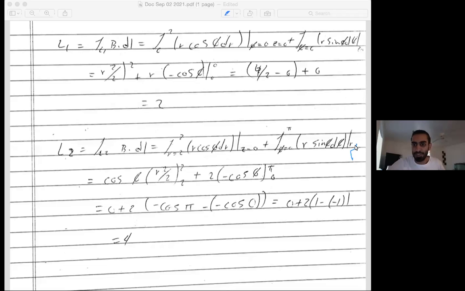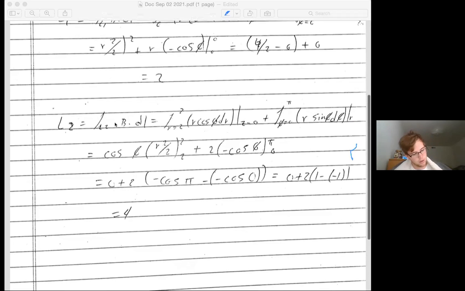I didn't finish it. It's supposed to be R equal to 2 and phi from 0 to integrate with the rest. So what I did, 2 cosine.